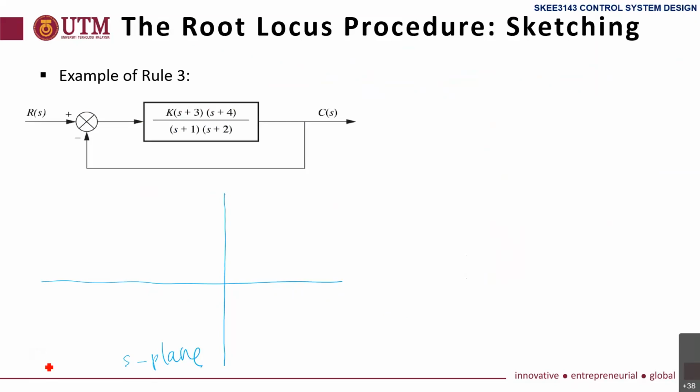We have 2 zeros at minus 3 and minus 4. We have 1 pole at minus 1 and the other at minus 2.